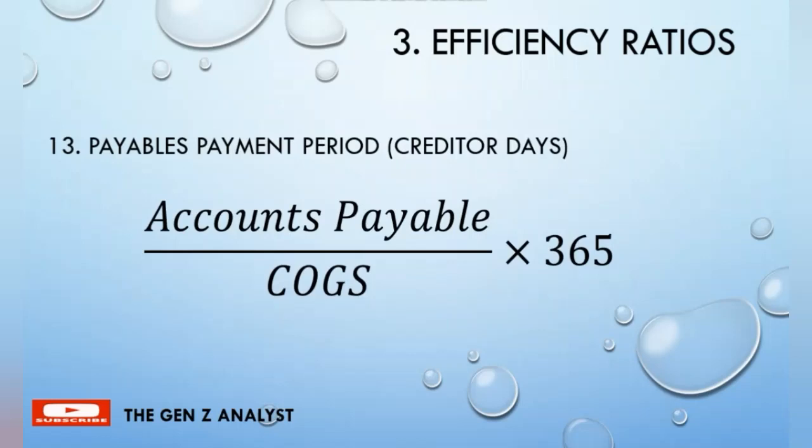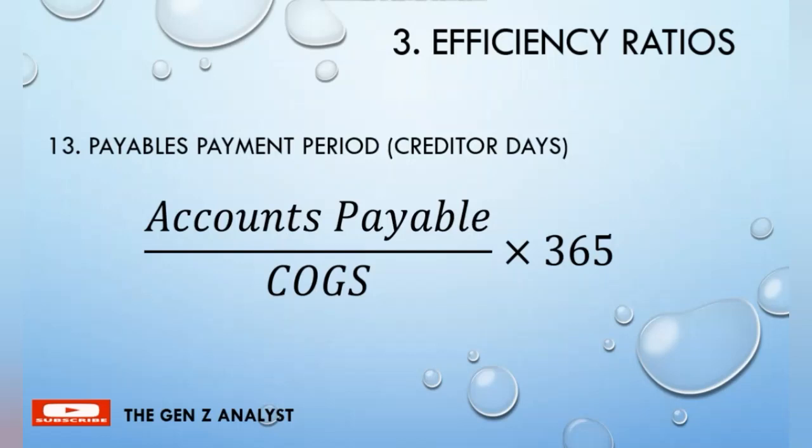Then we look at the payables payment period, or the creditor days, and this is the opposite of the accounts receivable collection period. With this, we are talking about how long it takes for us, the business, to pay its creditors. That's why it is called creditor days.